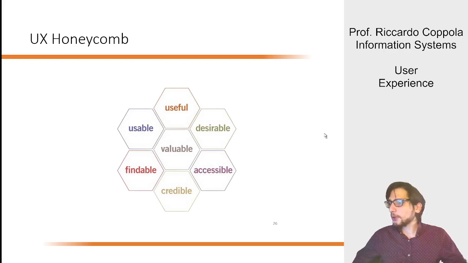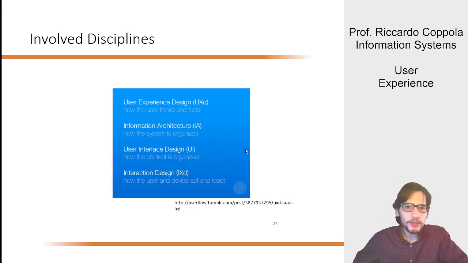And in addition to all these characteristics, there are a lot of different disciplines that are involved in the creation of a user experience. We have the user experience design, which is the specific designing, understanding what the users feel when utilizing a system. We also have, for instance, the information architect, which is the professional in the field of information architecture, which understands how the system is organized in terms of information.